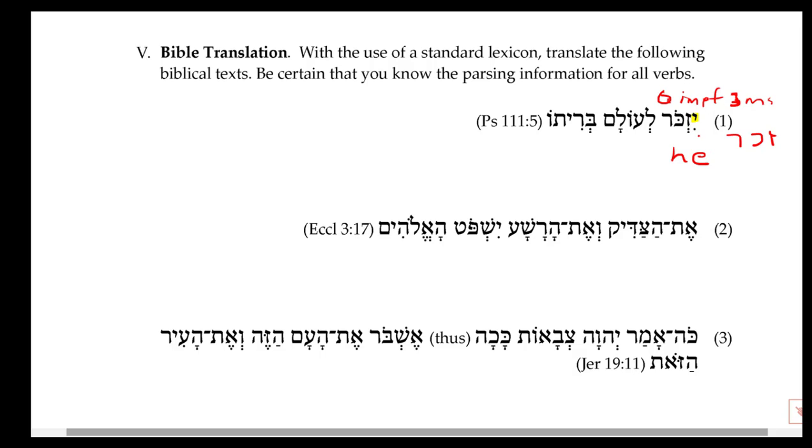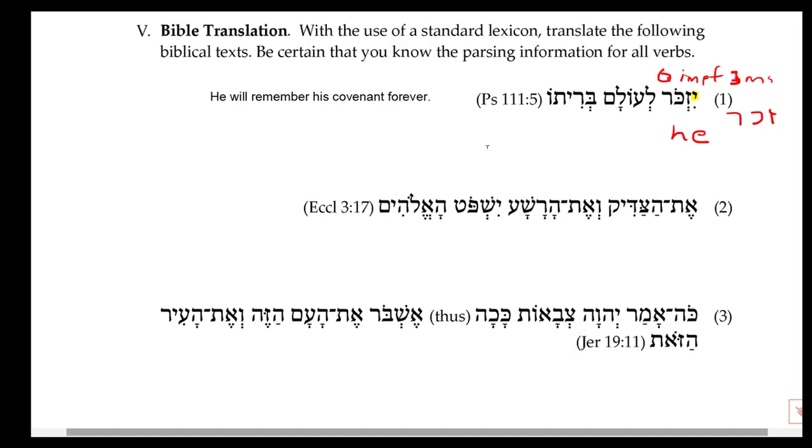For imperfect and perfect verbs, we can find the subject itself, the pronoun, built into the verb if there's no explicit subject. So he will remember, and then forever, his covenant. We would type that out like this. He will remember his covenant forever. So that's Psalm 111:5.